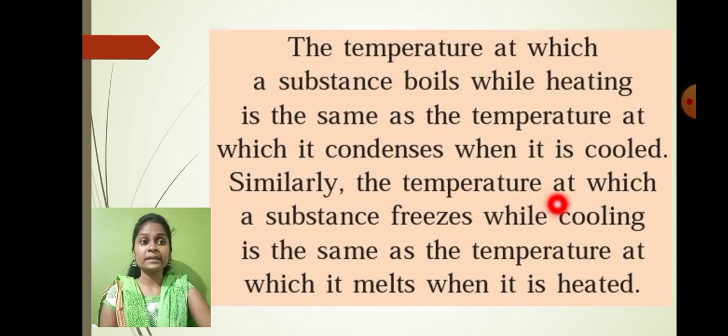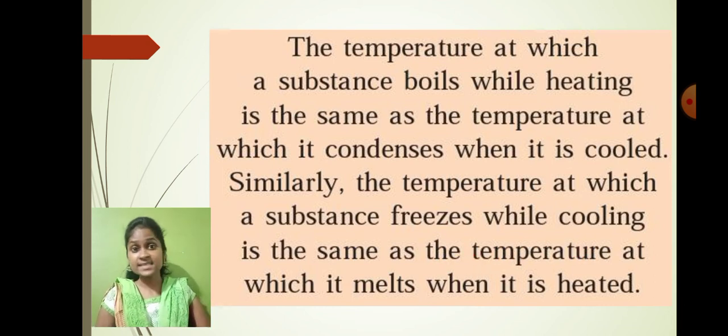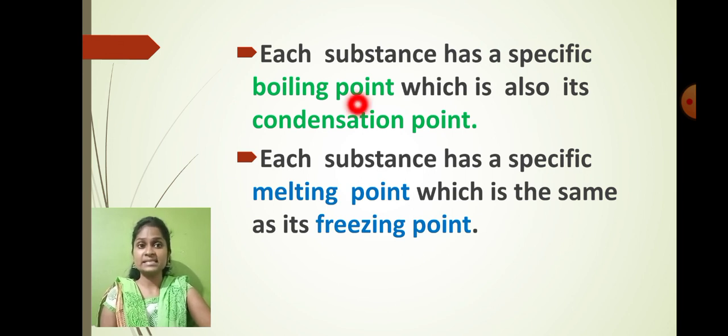Similarly, the temperature at which a substance freezes while cooling is the same temperature at which it melts. So can I say that the melting point and the freezing point of any particular substance are also one and the same thing? Are you getting my point? Each substance has a specific boiling point and condensation point, and similarly a specific melting point as well as freezing point.